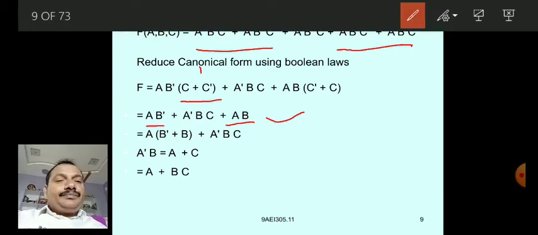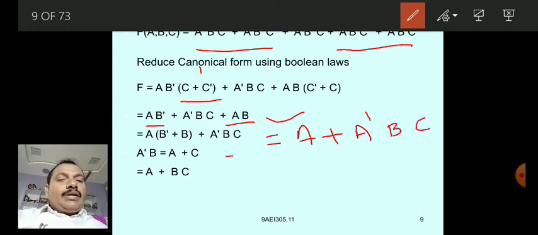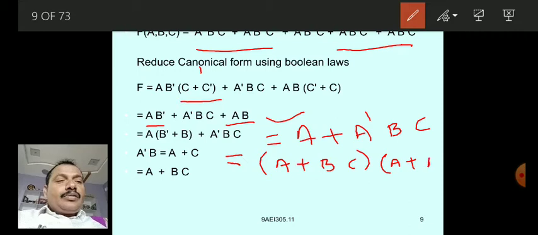Like this, you will have this expression A plus A bar B C. You can write by induction theorem, this can be written as A plus BC, A plus A bar, this becomes 1. Hence the final expression will be this only.